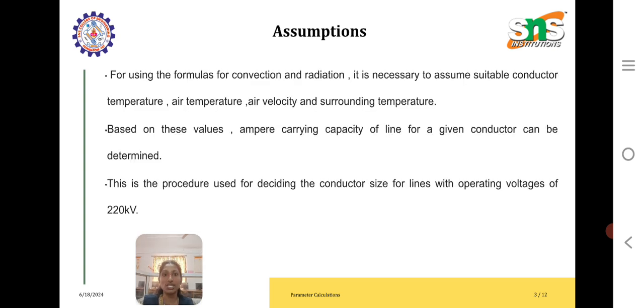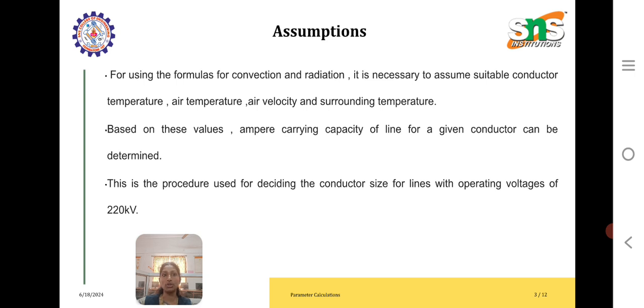The first assumption is that, for using the formulas of convection and radiation, it is necessary to assume total conductor temperature, air velocity and surrounding temperature, because an overhead transmission line is going to be in an open space. It is not going to be in a closed space.